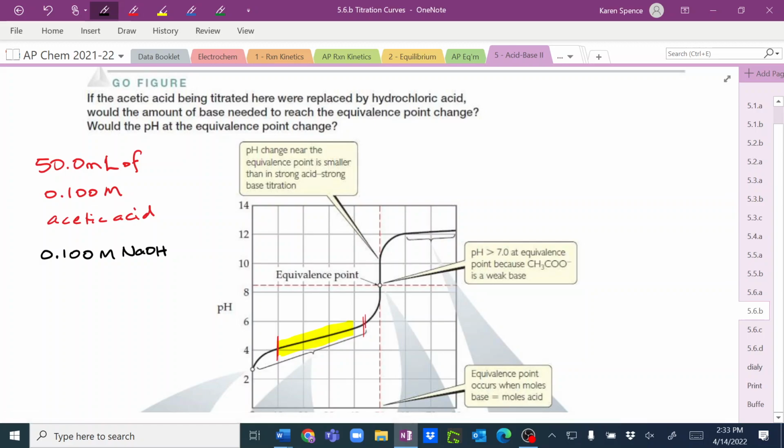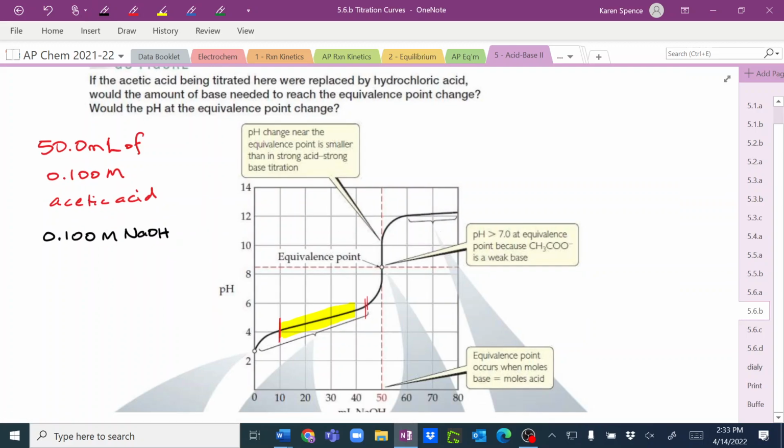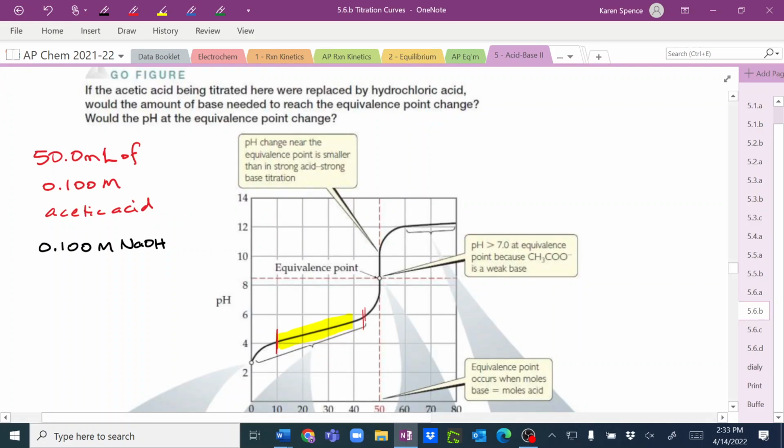What would happen to this curve? What would happen to the volume of base needed to reach the equivalence point if we now have 0.200 molar HCl instead, if that replaces the acetic acid?